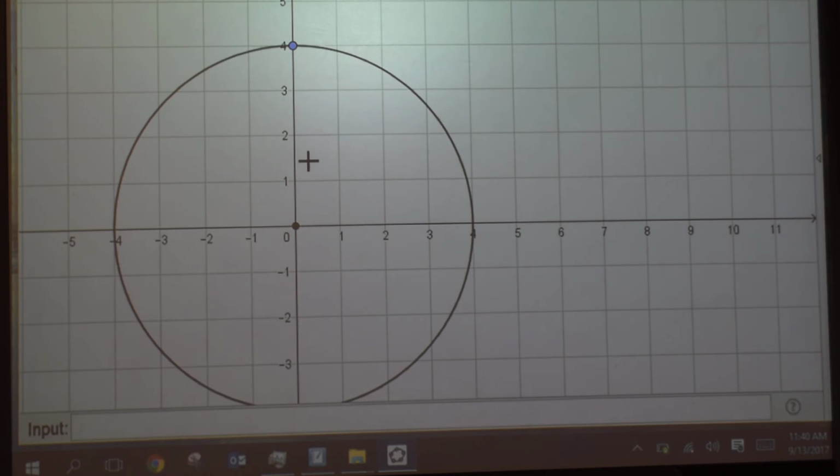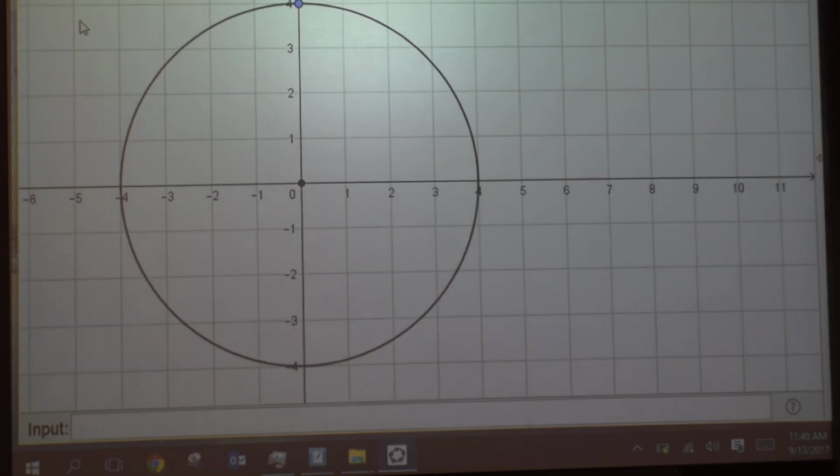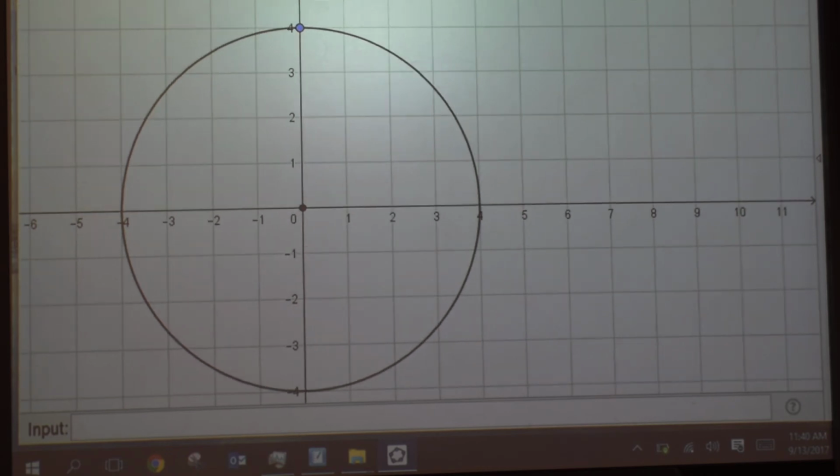How many degrees are there in that circle? 360. Okay. So what happens then? How many hour markings are there on a clock? 12.